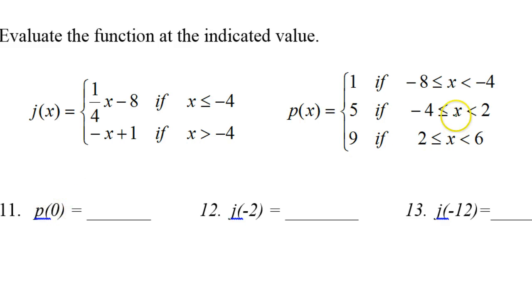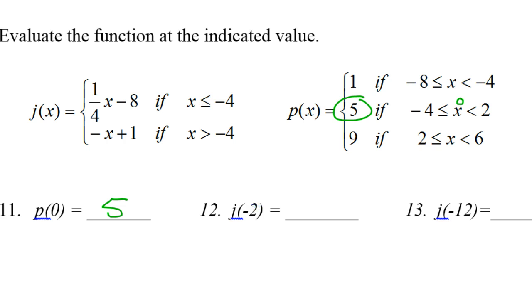Now the 0, we are going to look at these domain restrictions, and since x is 0, we'll decide whether we will use the top piece, the middle piece, or the bottom piece. So let's see, is 0 between -8 and -4? No. Is 0 between -4 and 2? Yes, 0 is between there. So that means we're going to use the middle piece. So when it's just a constant like that, then that's the answer.